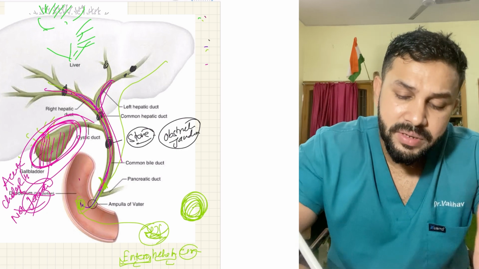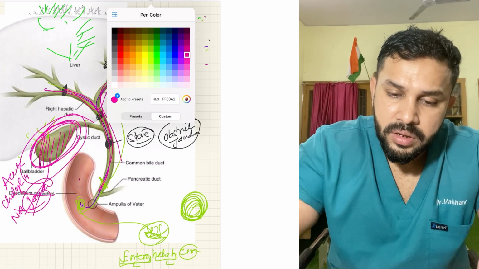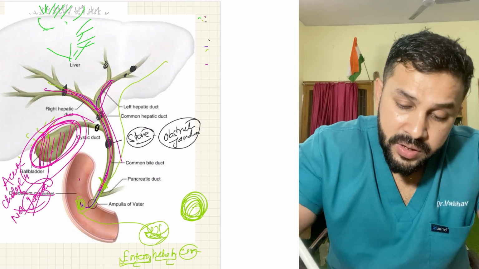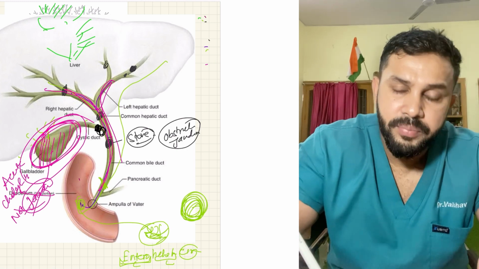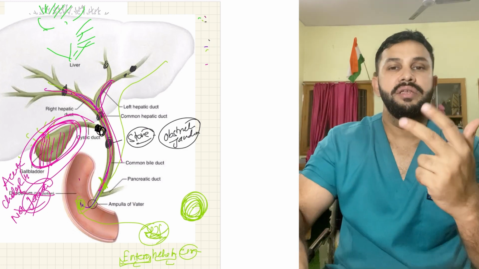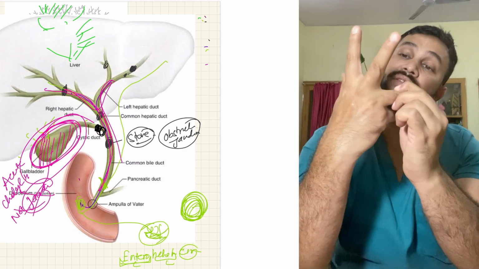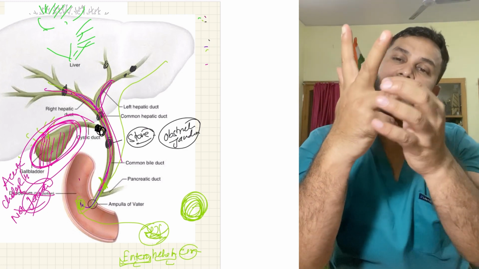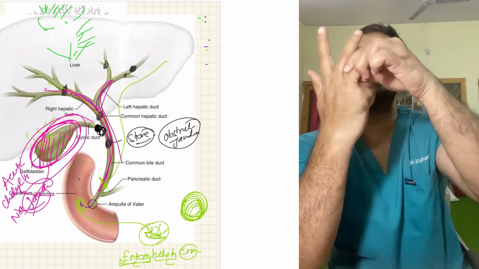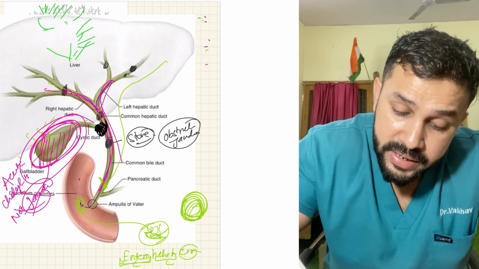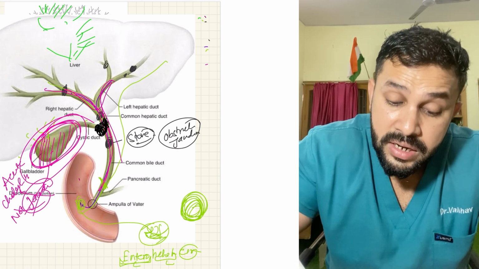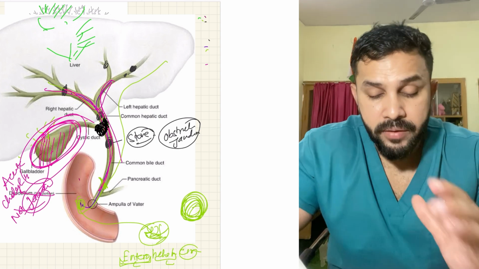Like Mirizzi syndrome. Mirizzi means there is a stone here causing external compression. This is the right hepatic, left hepatic, and this is the cystic duct which is joining, and here is the stone. This is going to press the common hepatic duct and hamper the flow of bile.